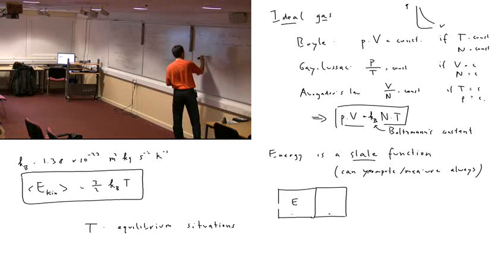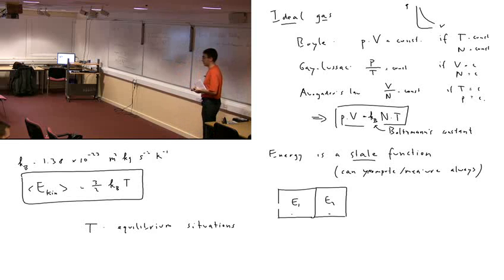So this segment has an energy E1, and this has an energy E2. And the question is, are these things in equilibrium? Now, of course, you cannot answer that question, because clearly I can put a coin on top of the Eiffel Tower, and whether or not they're in thermal equilibrium, I cannot tell, despite the fact that I know their energies.